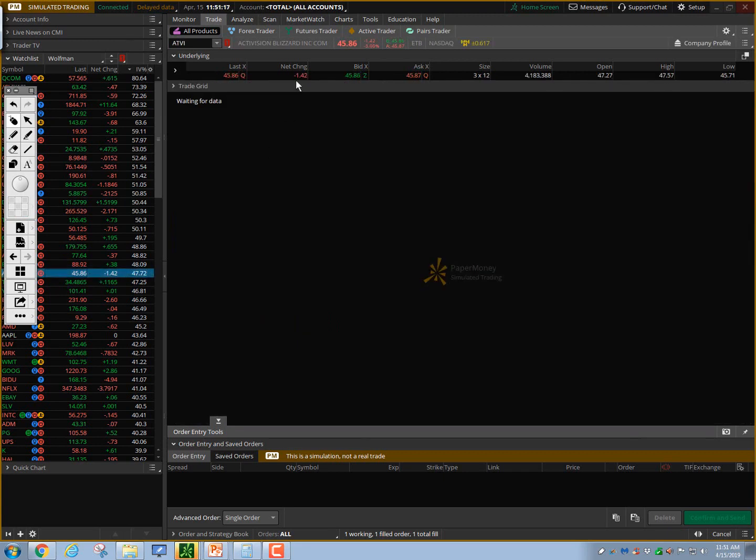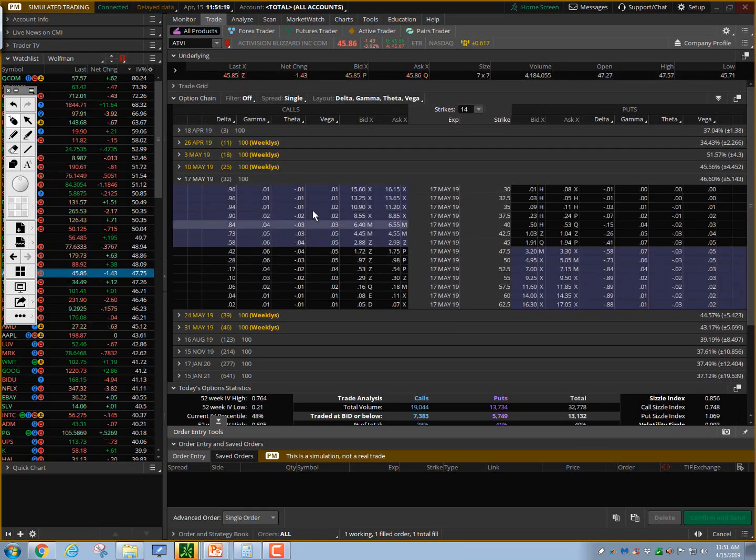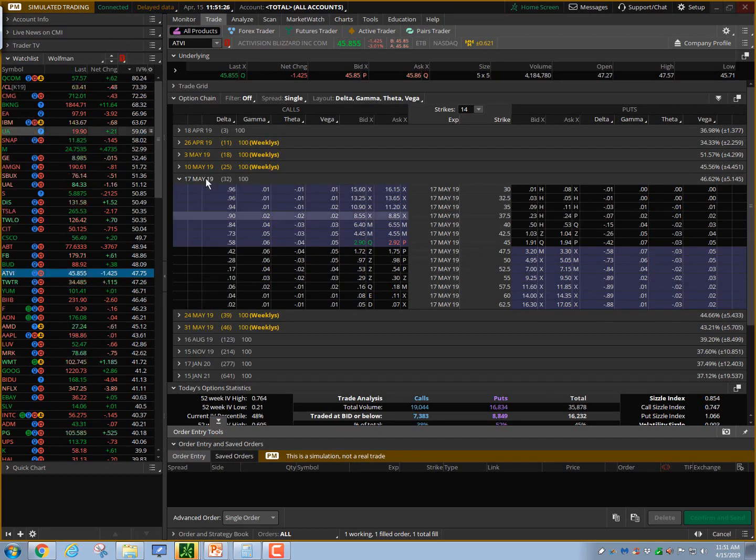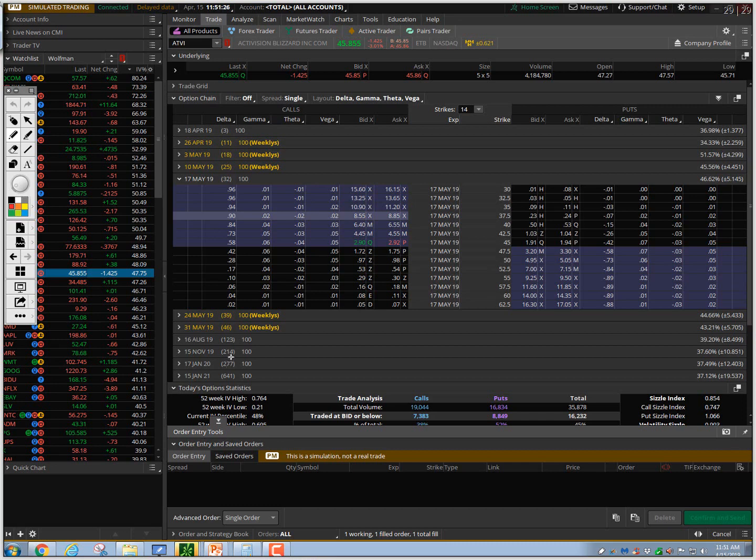Any stock under $100, then during open market operations, we look at the closest to expiration, all right? So we have all of these weeklies, we have these monthlies out here. So during open market operations, we are looking to the ones that are closest to 35 days to expiration, all right? And ATVI, which is Activision, is under a $100 stock.